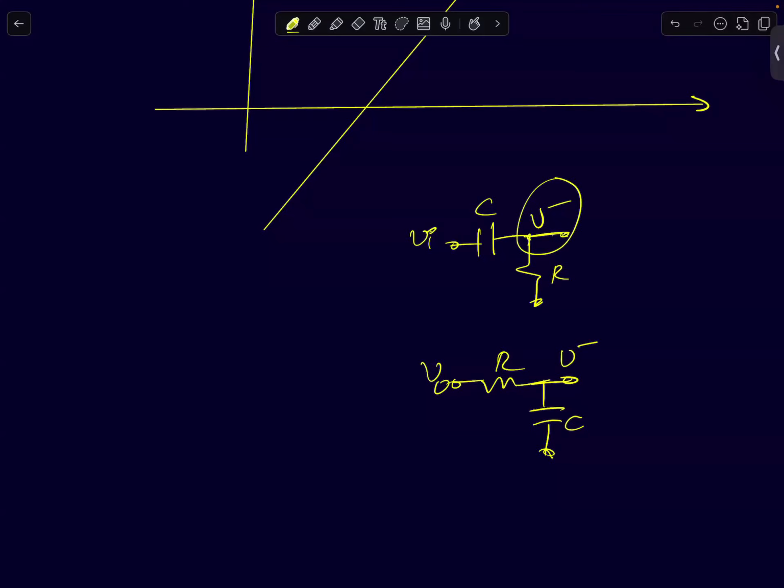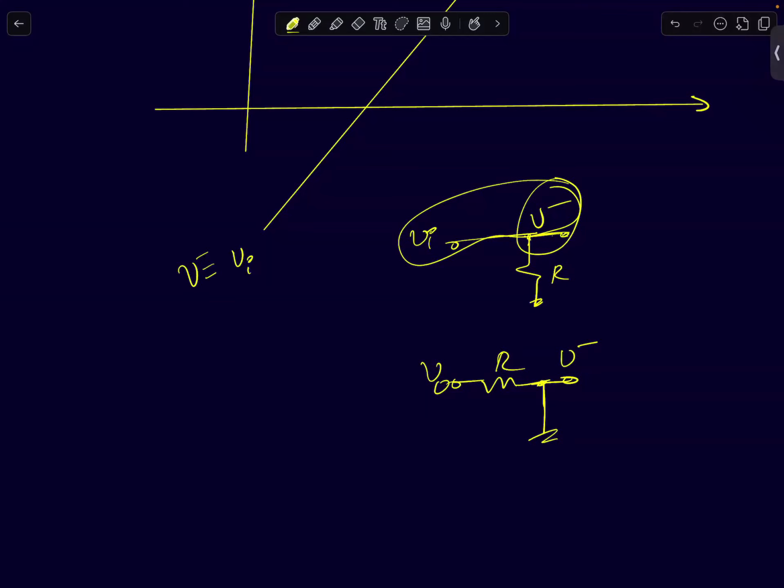So at very high frequencies, very little of the output voltage is fed back. The feedback quantity is getting reduced, as the capacitor shorts out. And as the capacitor shorts out at very high frequencies, V minus will be mainly determined by Vi itself. So V minus becomes equal to Vi at very high frequencies.